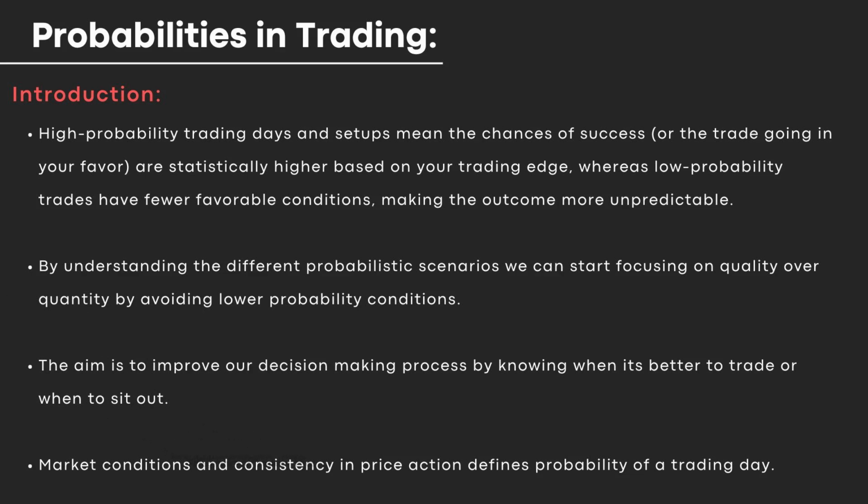Second, knowing when the odds are in our favor allows us to trade with confidence and clarity, right? And on the other side, when you recognize poor conditions, it helps you avoid unnecessary risk.